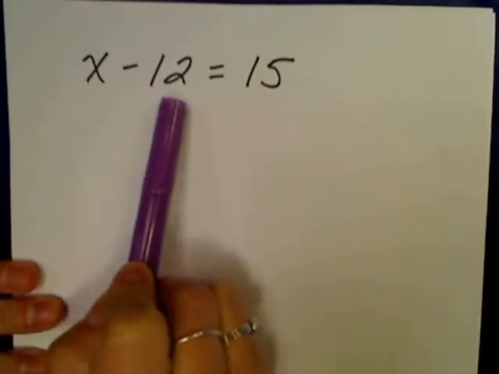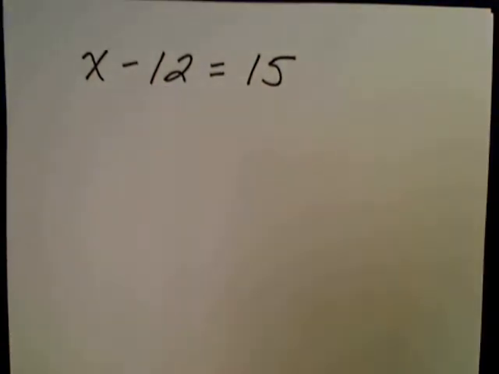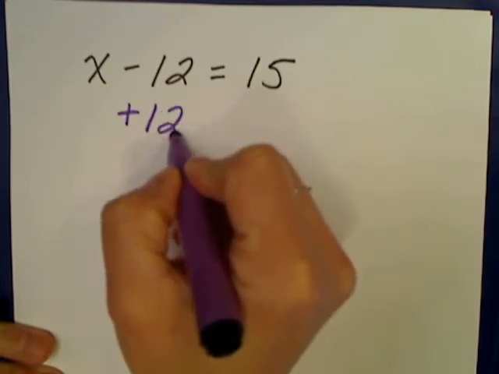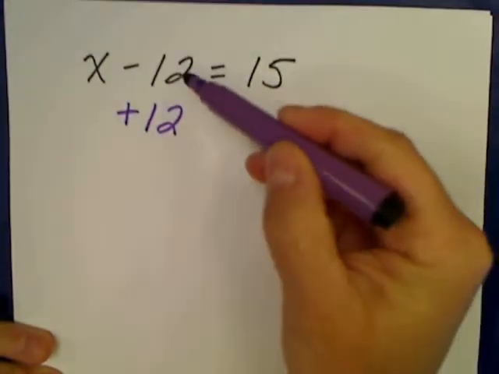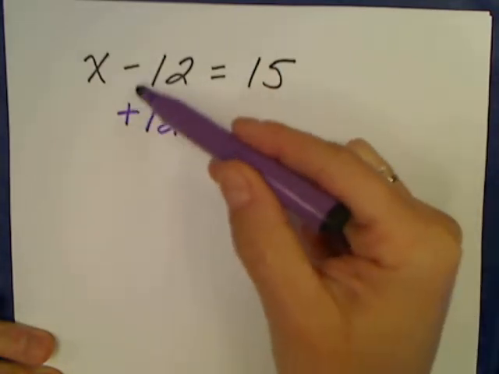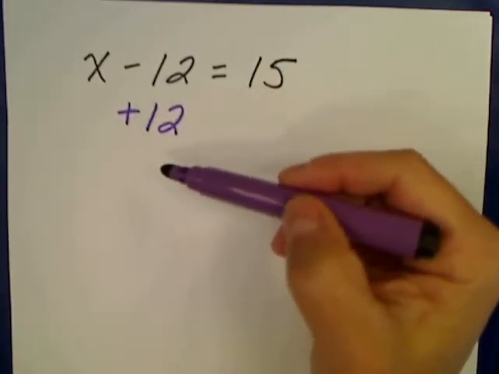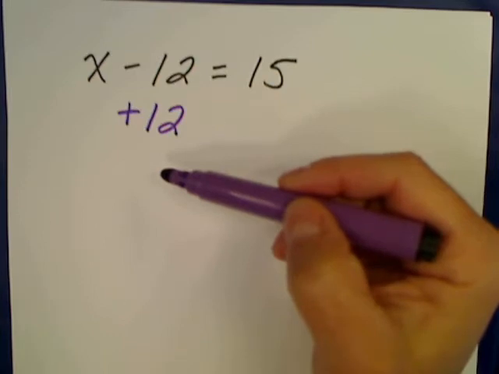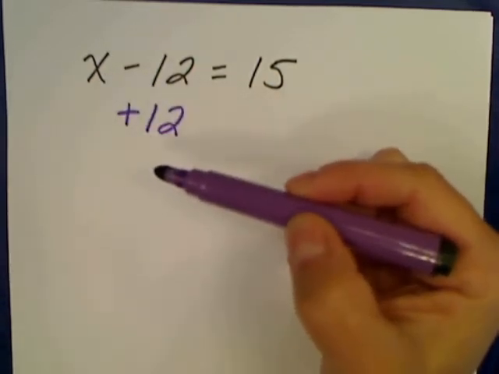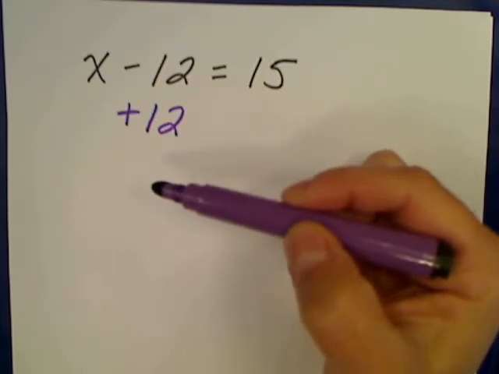Well, the opposite of taking away 12 is to give 12. Giving 12 is the same thing as adding 12. Because a negative 12 and a positive 12, those are opposites, same number but opposite sign. When you add opposites, you always get 0. And we want to get 0 because what's x plus 0? When you add nothing, you're stuck with what you began with, and that's how we get x by itself.